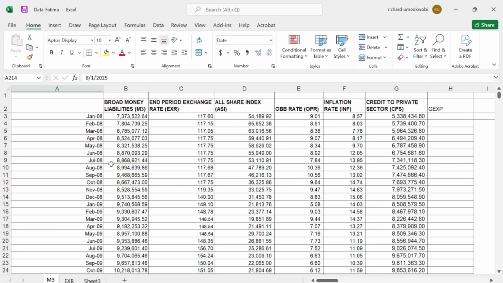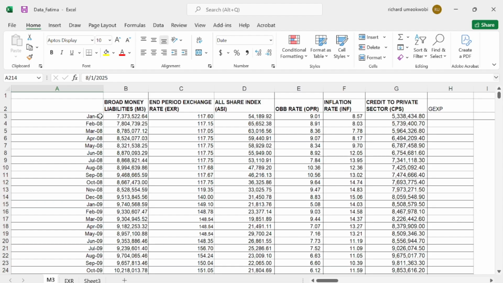First, let's go to the data set we're about to use. We have broad money, the end-period exchange rates, the OBB rates, which is currently called open repo rates, inflation rates, and credit to the private sector.